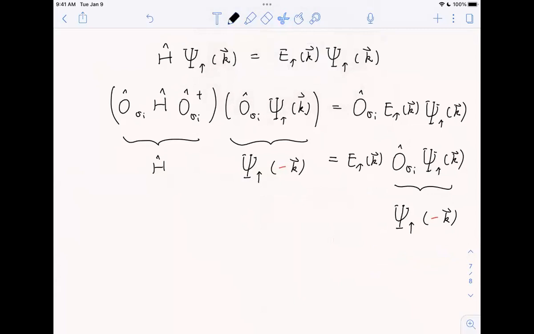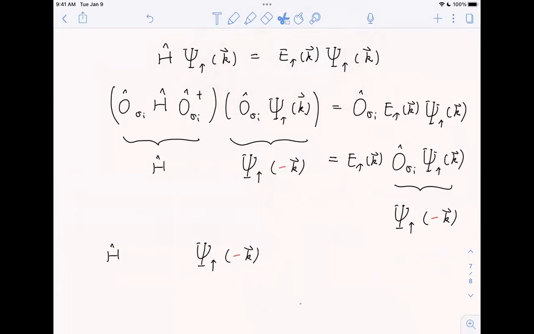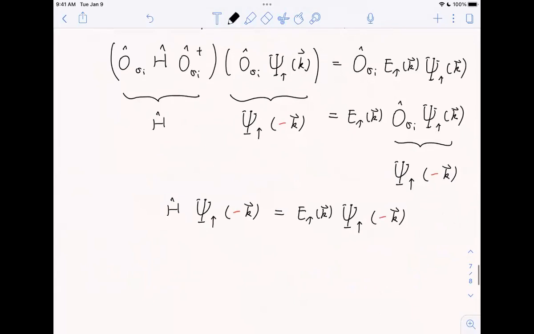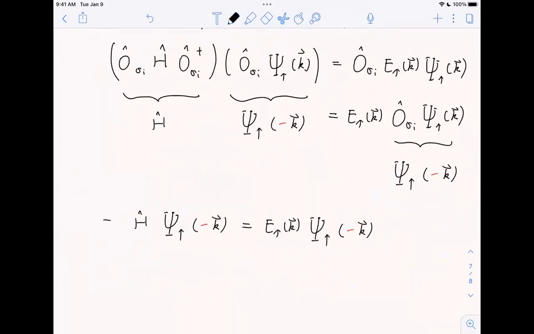Eventually, you have this together. You have a Hamiltonian applied on here. But what is this?